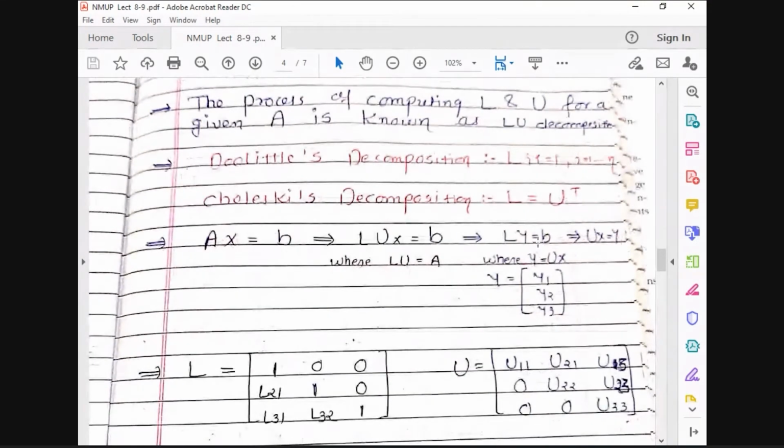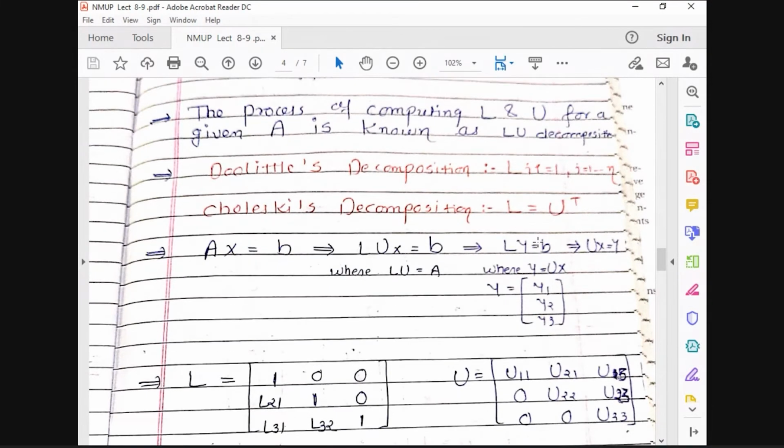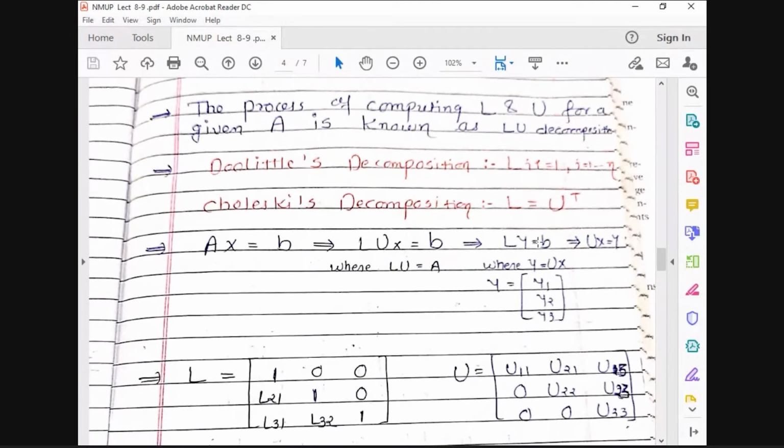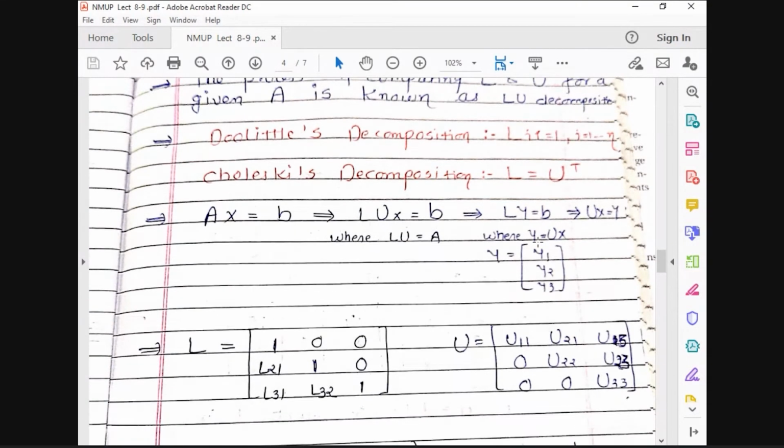So these are the steps that you have to follow. Initially, one linear equation is available with us, Ax is equal to b. Now what we have to do? We'll just substitute the value of A is equal to L into U, right? So my equation becomes LUx is equal to b. Okay. So this one is my first step. Now after that, what I have to do?